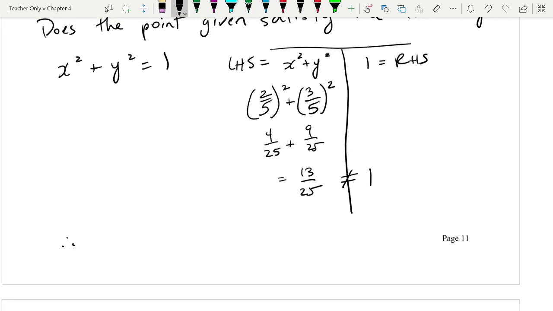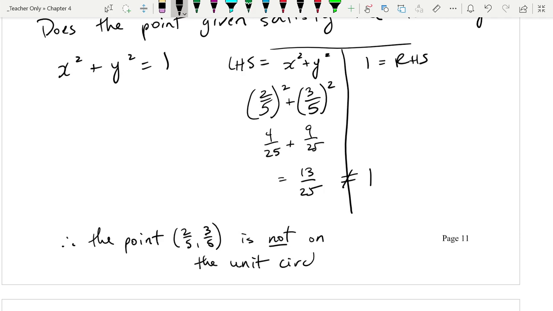Therefore, the point 2/5, 3/5 is not on the unit circle. Okay?